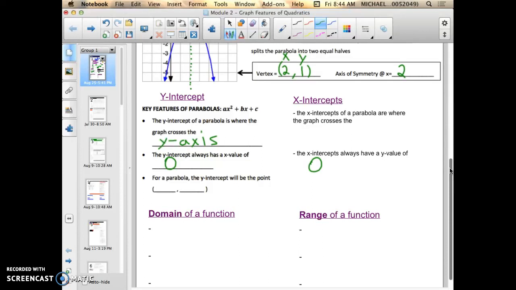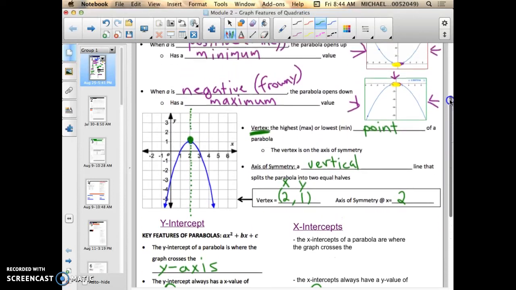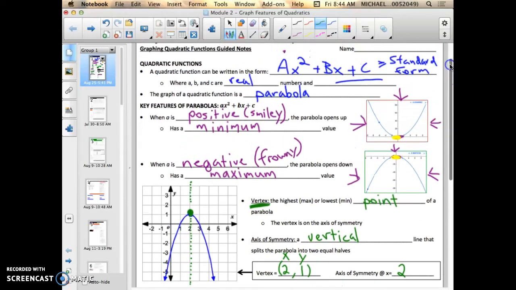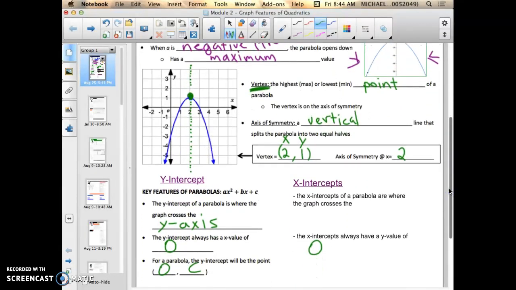Now, for a parabola, the y-intercept will be the point (0, c), whatever c is. Alright? So if I go back up to the equation, we're going to talk about how to find the y-intercept algebraically. But the input, remember from function work that we did in the prerequisites, the input is 0 because the x value is 0 right here.